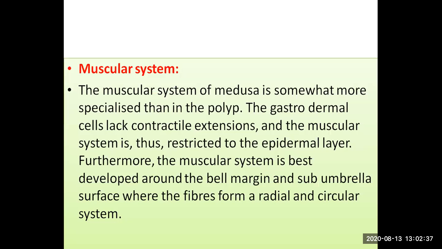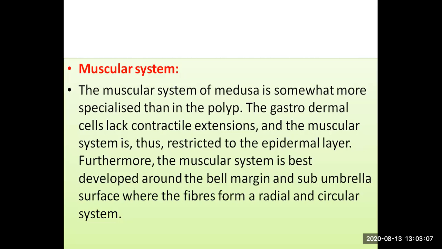Muscular system. The muscular system of medusa is somewhat more specialized than in the polyp. The gastrodermal cells lack the contractile extension, and the muscular system is thus restricted to the epidermal layer.